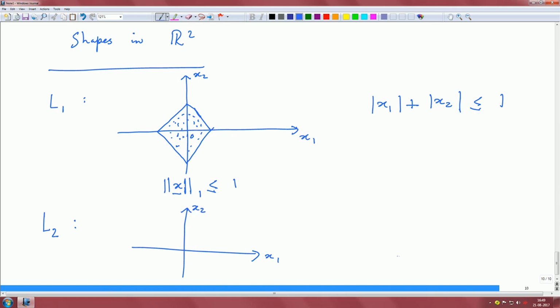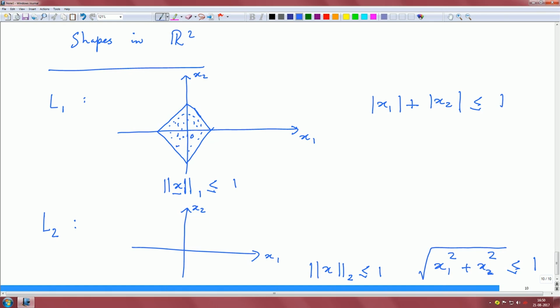Suppose I want the condition that my L2 norm of x is less than or equal to 1, right. So, which means that when I take mod x1 squared, it is basically x1 squared, plus x2 squared, and then I take the square root and that has to be less than or equal to 1.